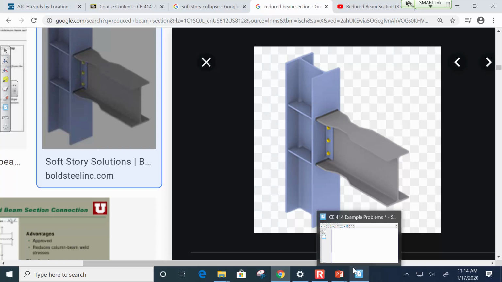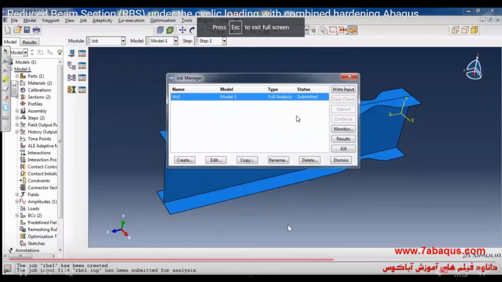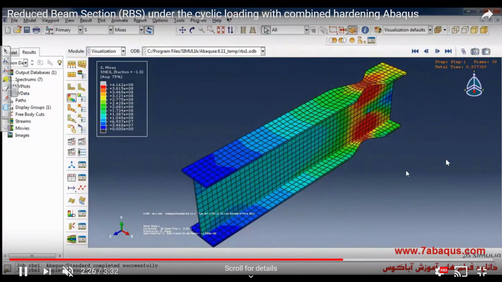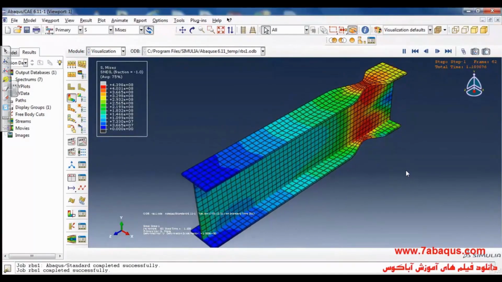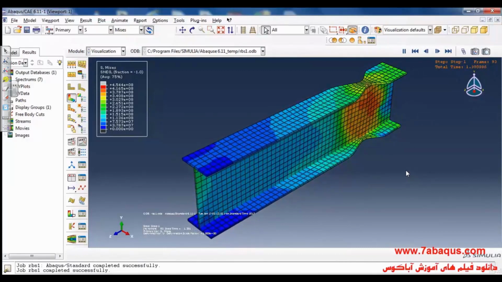And the thing about steel is it's an incredibly elastic and ductile material. So for instance, this is just an analysis showing all the forces in a beam under a cyclic load like an earthquake. And you can see that it can handle quite a bit of stress before it starts to fail.